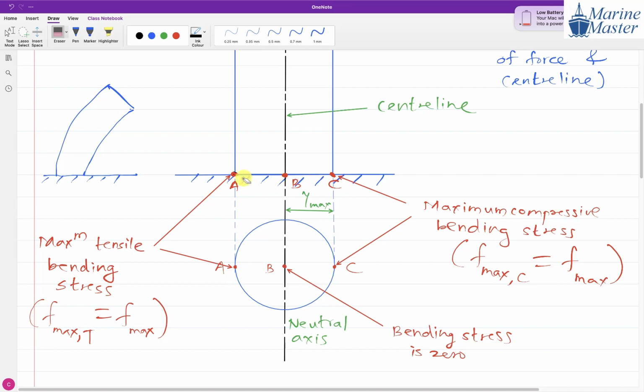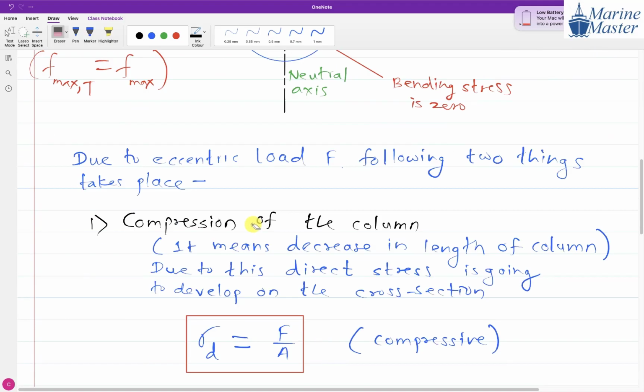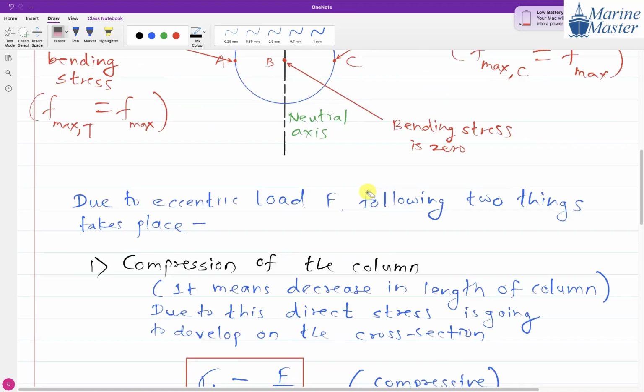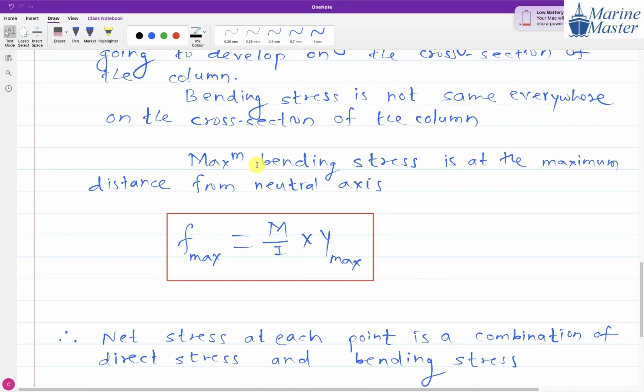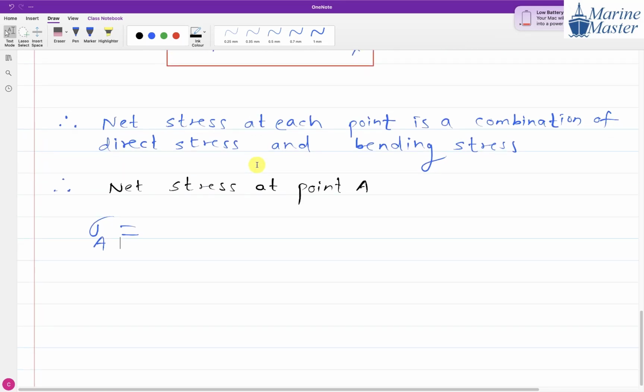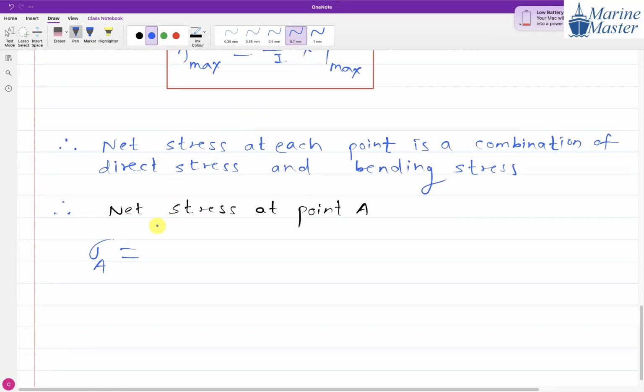Direct stress is the same everywhere, at point A, point B, point C. What is the nature of direct stress? Compressive. And the nature of bending stress at point A is tensile. So one is tensile, another is compressive, and the net stress will be the difference of the two.